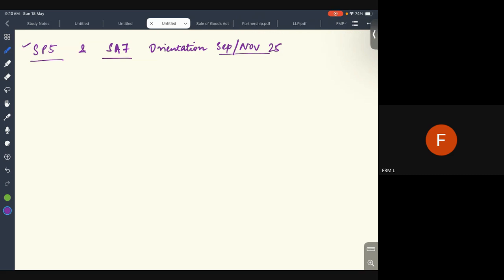As we know, SA7 is an advanced version of the SP5 paper. In fact, while SP5 has around 24 chapters, SA7 has only around 13 chapters.